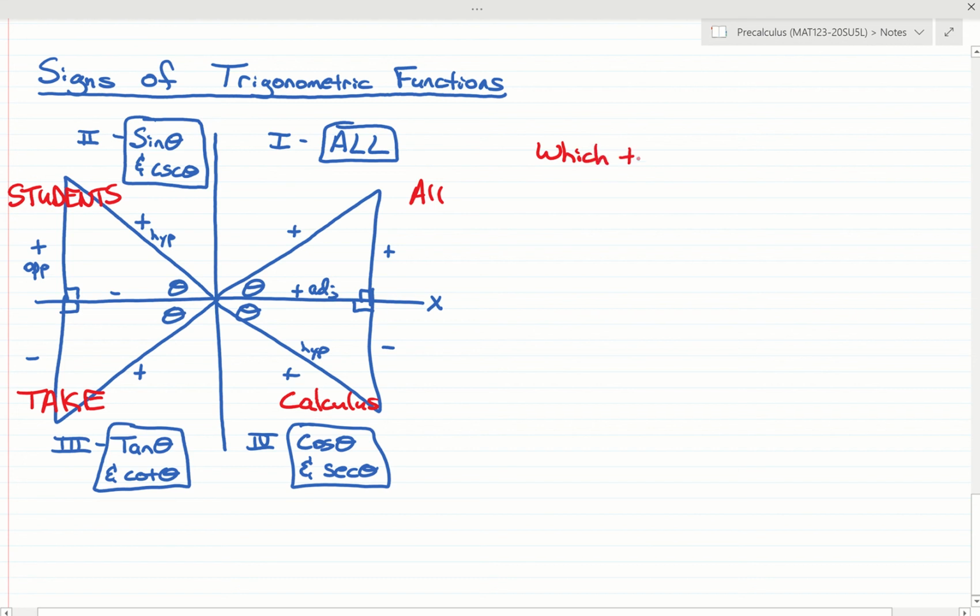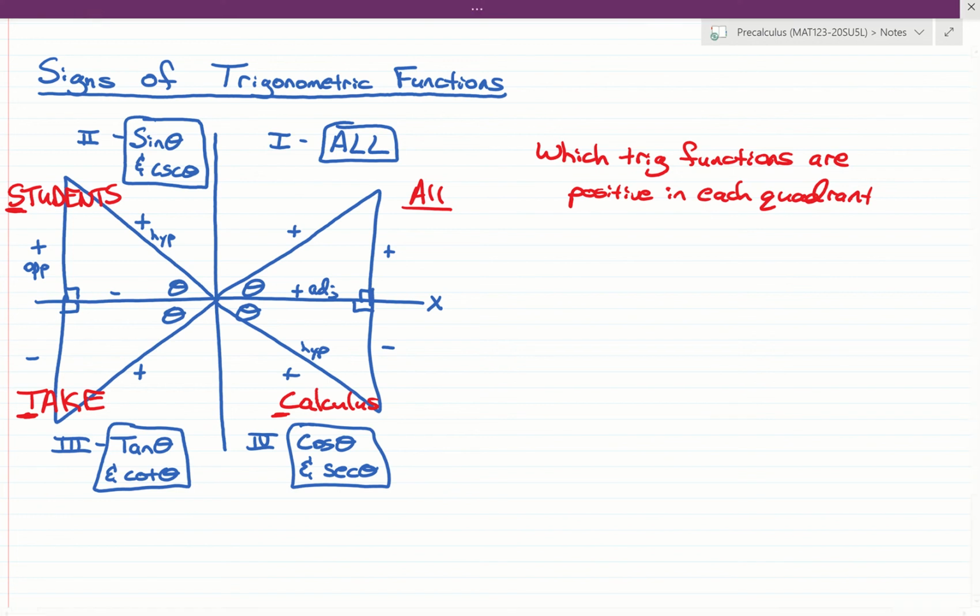So which trig functions are positive in each quadrant? All of them are positive in the first. Just sine and cosecant are in the second. Just tangent is in the third, and cotangent. And C stands for cosine and secant. We're going to be using this as the course progresses, so it's important that you understand that.